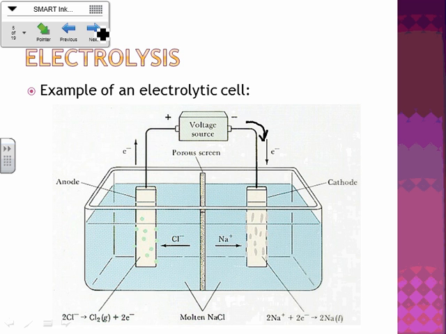Then as these electrons go through this cathode, and the cathode could be anything as long as it's not participating in the reaction, they're hitting the Na+ here. And as they do, you can see that the sodium gets reduced, which is not normally what would happen spontaneously.